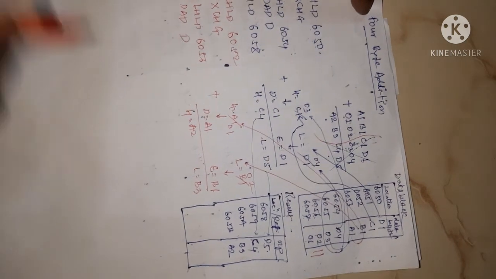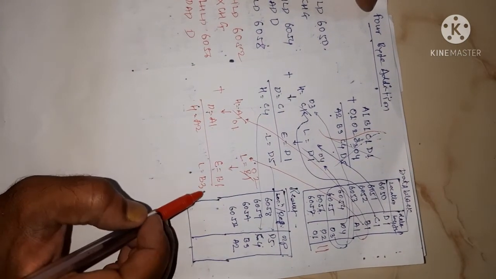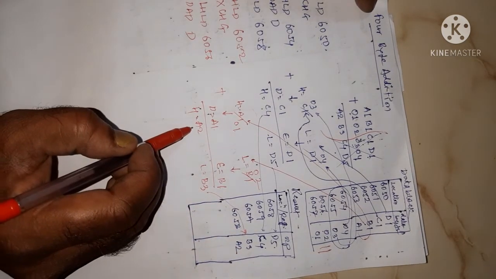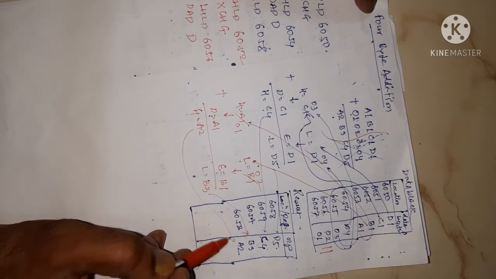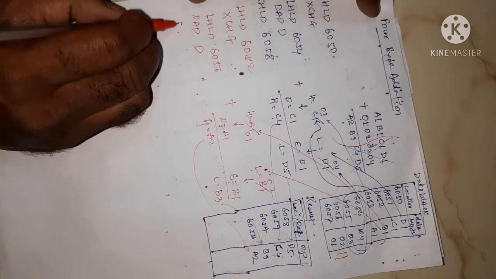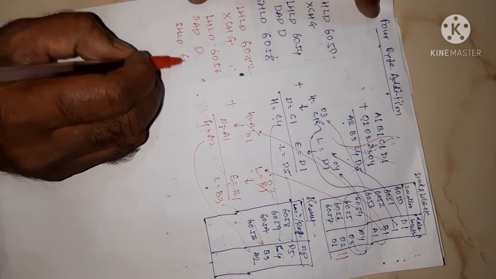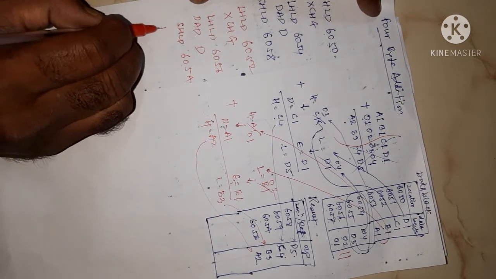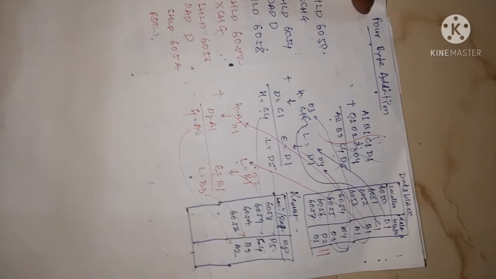After getting the result in the HL pair, it can be stored over here. B3 should come on 605A, A2 should come on 605B, and that can be done using SHLD with the 605A location as an operand, and stop the program with RST 1.